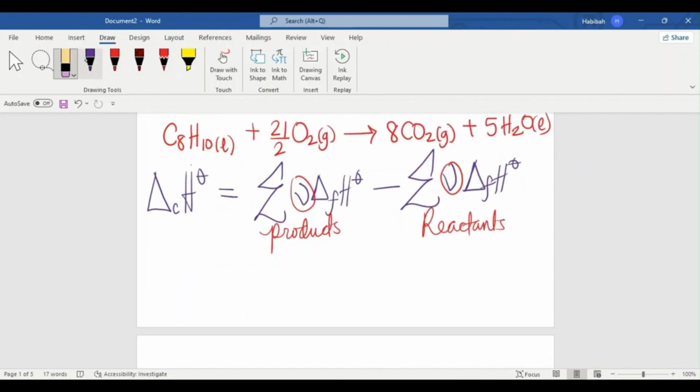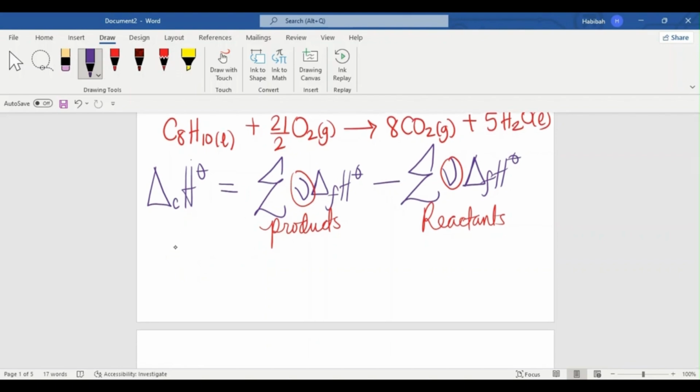Now we're just going to rewrite everything that we have. I'm going to break it down. We know that we sum up the standard enthalpy of formation of the products, and we subtract from it the standard enthalpy of formation of the reactants. So this is what it's going to look like.